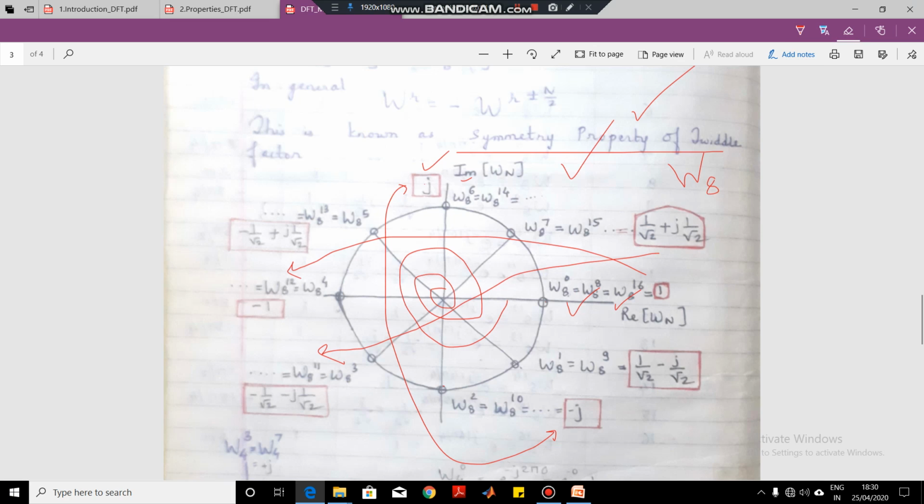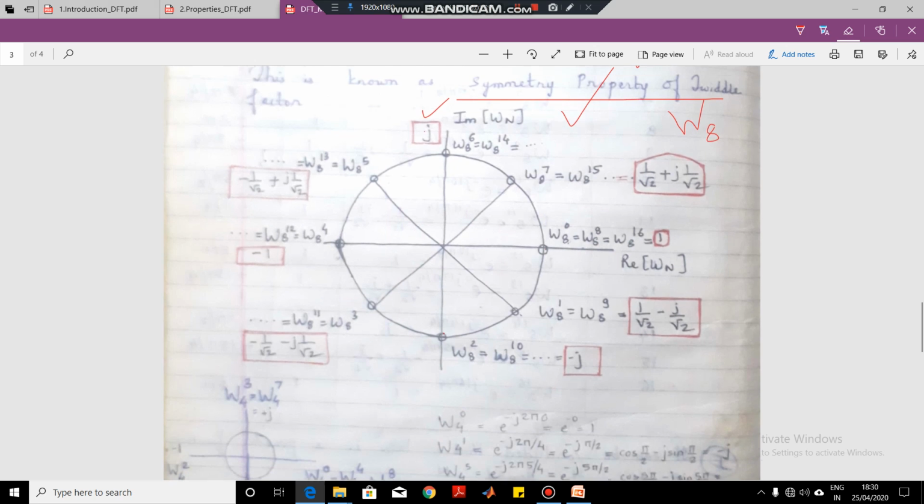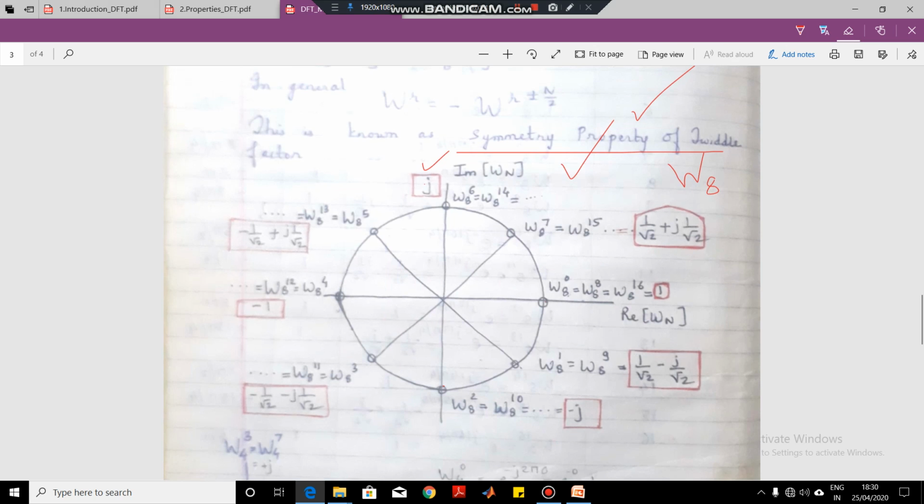This means it is easy to compute the values of the DFT. We need to compute only half the values, and the other half we can find by just changing the sign. And if we compute 8 values, we can get the next 8 values using the periodicity property. So the computation of the twiddle factor is very easy.